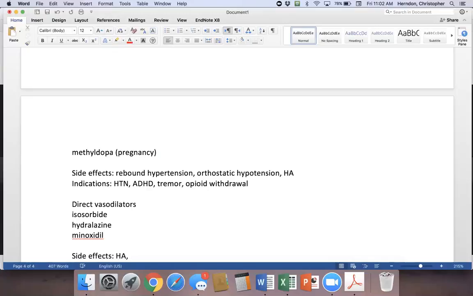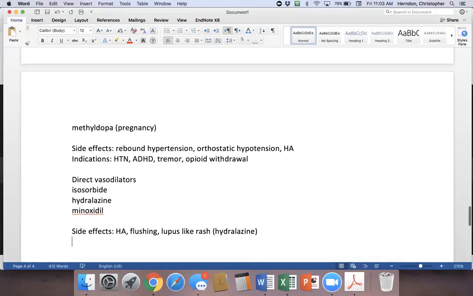What else? Who said flushing earlier? That's a big one. Rash. Lupus-like rash with hydralazine, primarily. Okay. We good?